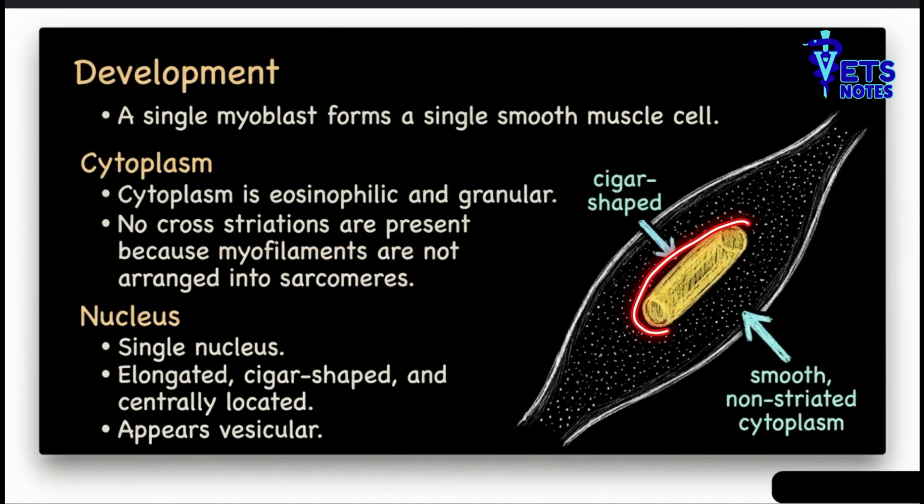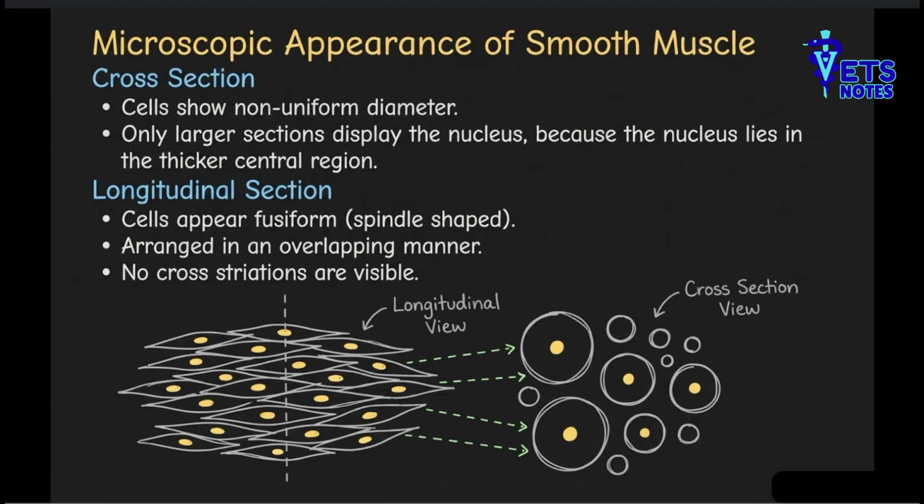Nucleus: single, elongated and cigar shaped, centrally located, appears vesicular. Microscopic appearance of smooth muscle in cross section shows non-uniform diameter. Only large sections will display the nucleus because the nucleus lies in the thicker central region.